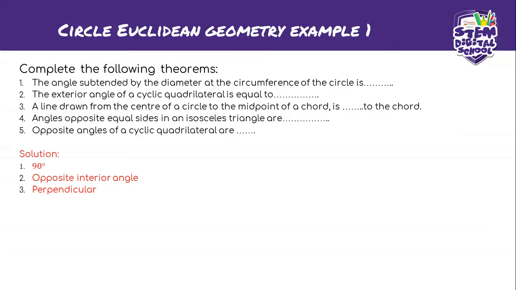The fourth one says angles opposite equal sides in an isosceles triangle are equal, right? The last is opposite angles of a cyclic quad are supplementary.